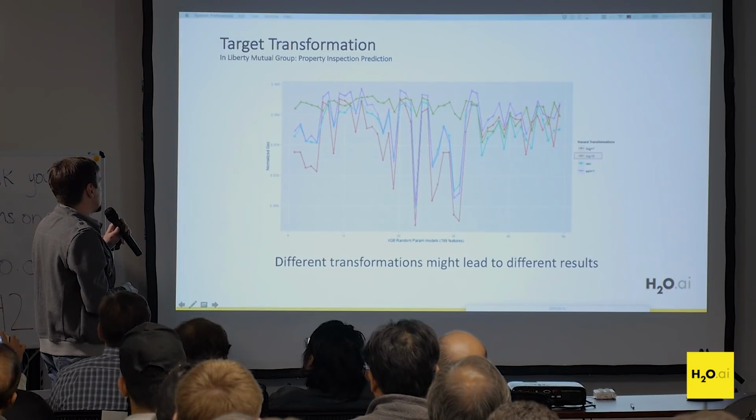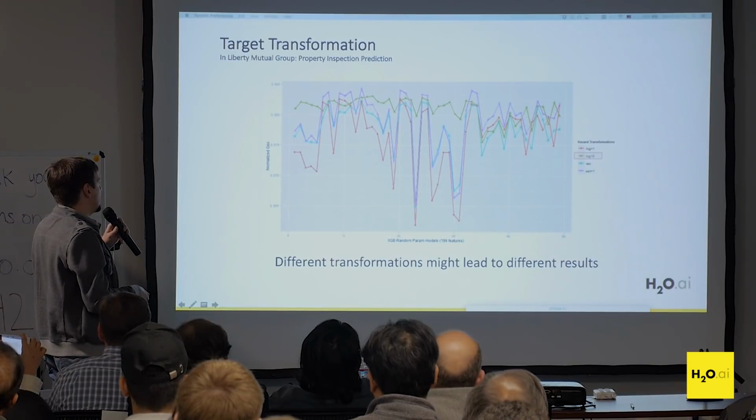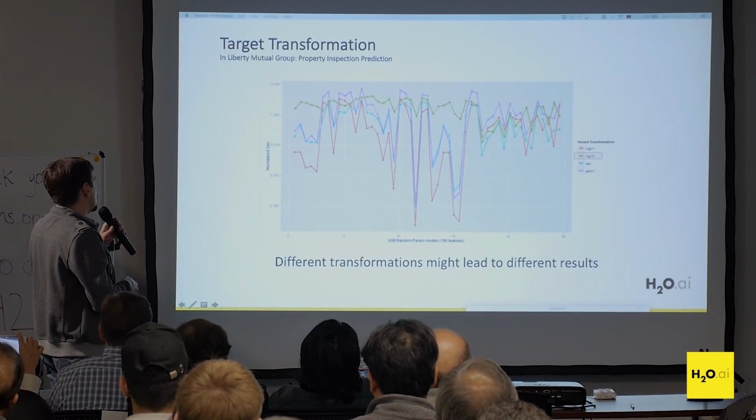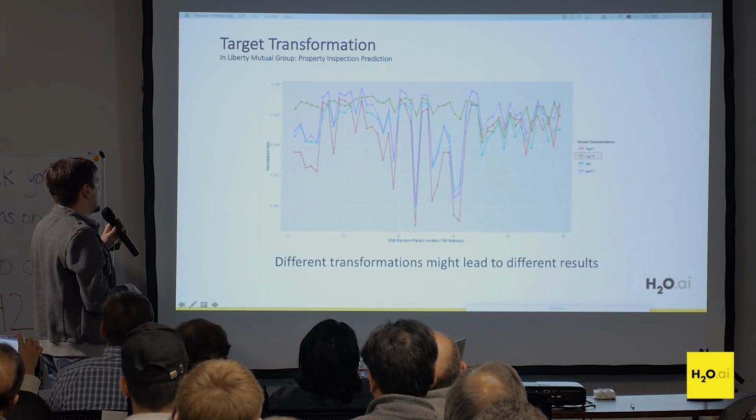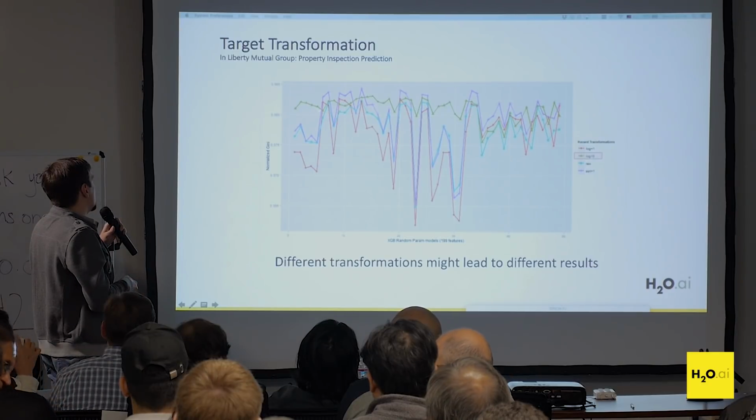outcome of a property inspection, and on the x-axis you see different XGBoost runs. These are random parameters. On the y-axis you see the score, normalized Gini in that case, and you can see how the model actually varies. And the green line is the green model, which is a logarithm of base 10.